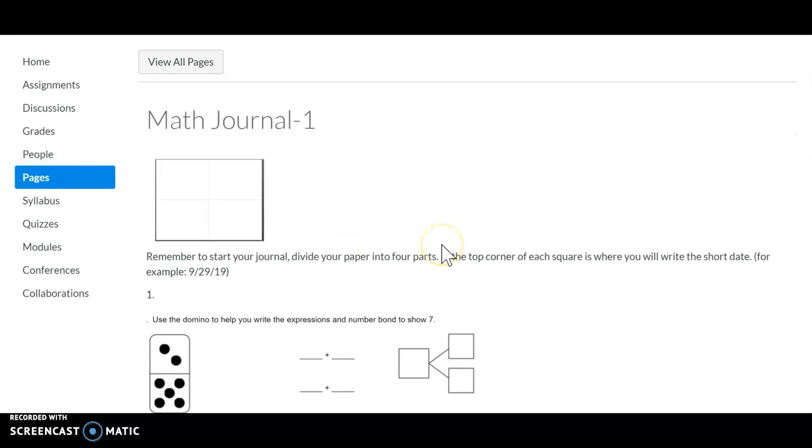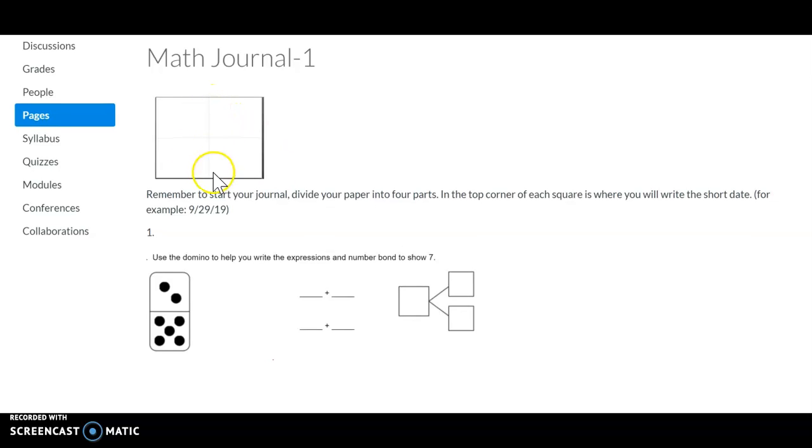At their desk, they have a math journal. They would take their journal and split it into 4 squares. This procedure would be taught before and modeled many times before I'd let them do this independently. They would divide their paper into 4 parts, and at the top corner of each square, they would write the short date that they were completing a math problem.